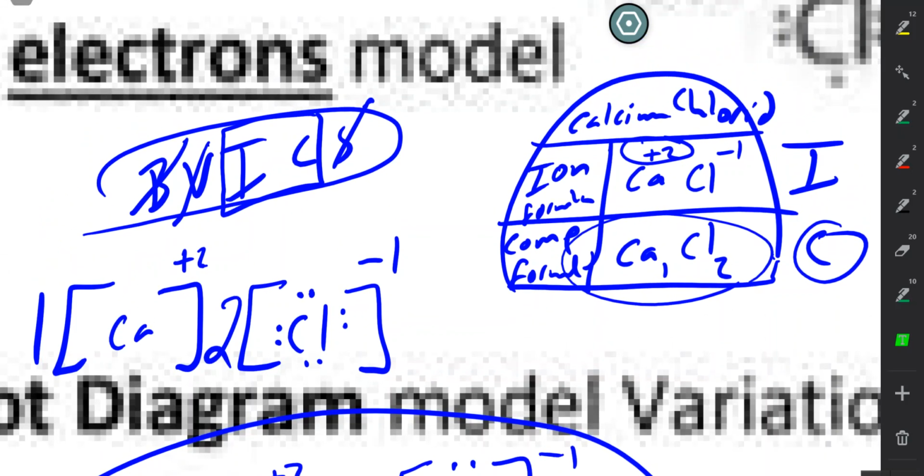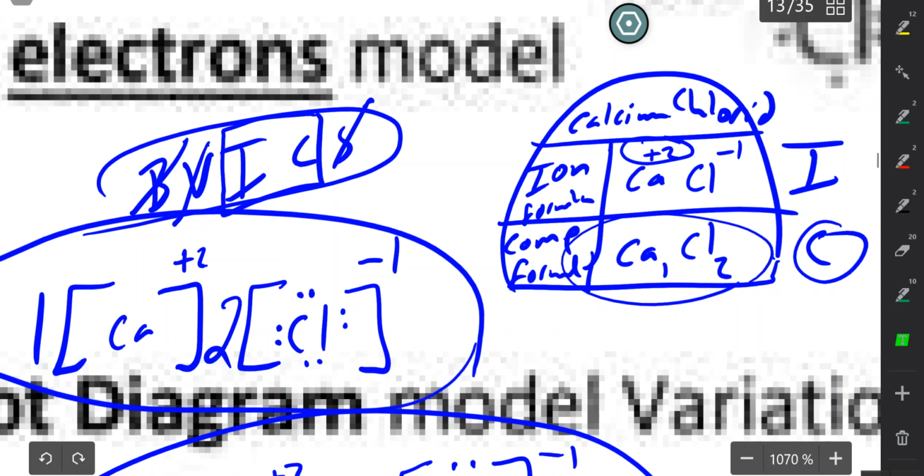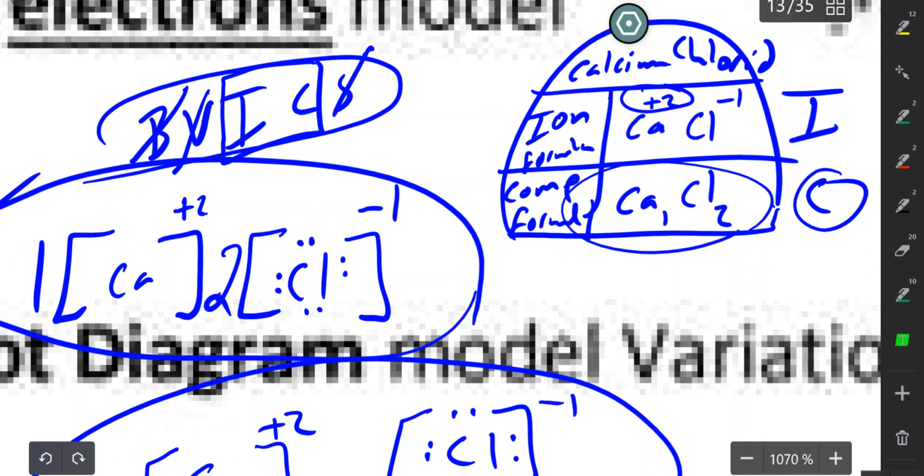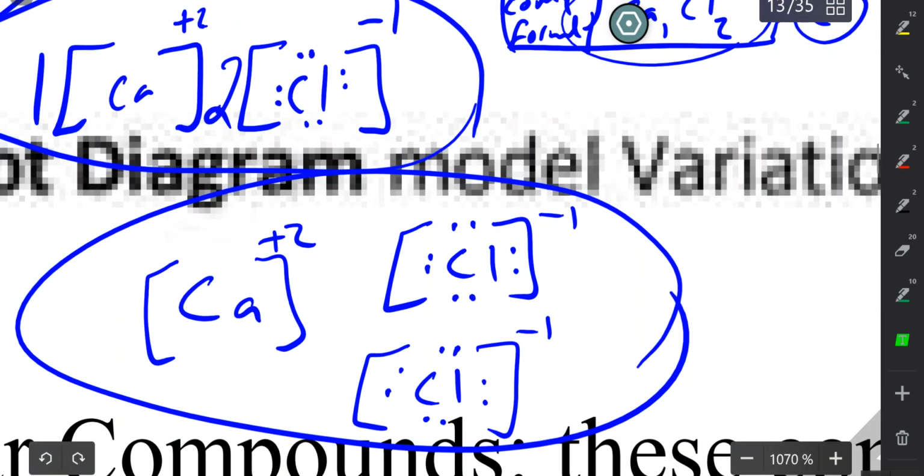All right, so again, B for brackets, V for valence electrons for the nonmetal, I for the ionic charges. Just copy them and paste them from here onto the Lewis dot diagram. So this is your Lewis dot diagram right here. And then the C is the compound formula, which tells you how many atoms you have. You can either use coefficients to represent those numbers of atoms or put them as subscripts, or you can just draw how many atoms you have altogether.